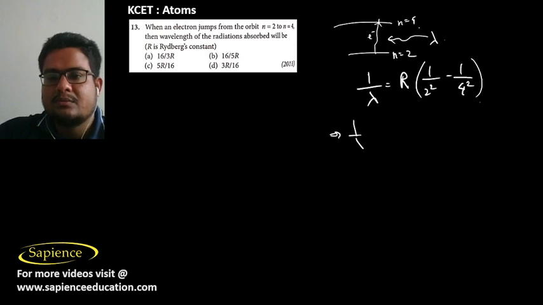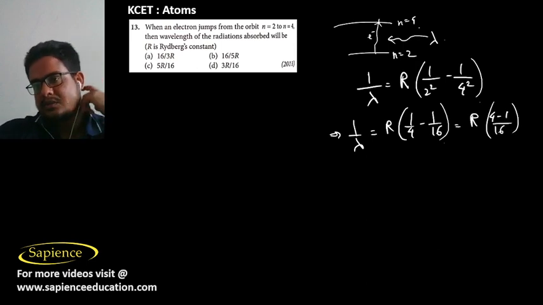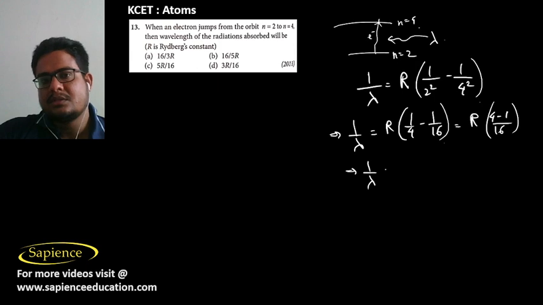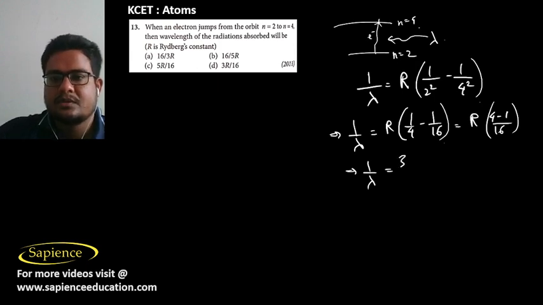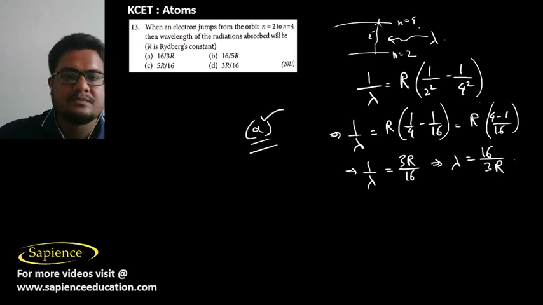So 1 by lambda is equal to R into 1 by 4 minus 1 by 16. This will be equal to R into 4 minus 1 by 16. So 1 by lambda is equal to 3R by 16. Therefore, the wavelength will be equal to 16 by 3R. Option A is the correct answer.